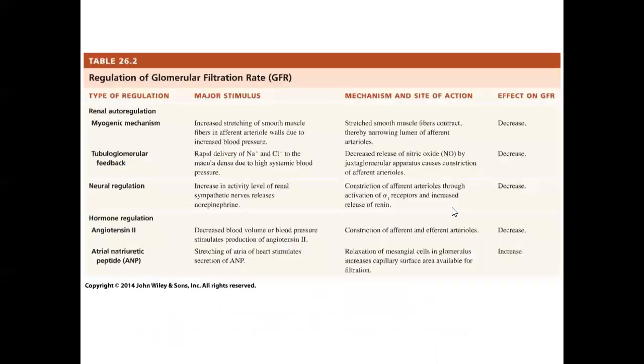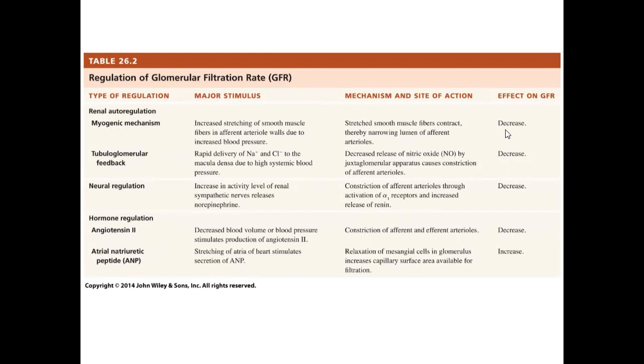So, to summarize, table 26.2 lists the different modes of regulating our filtration rate: the two mechanisms of autoregulation, then the neuroregulation we talked about with sympathetic activity, and then those two hormones that we just talked about.